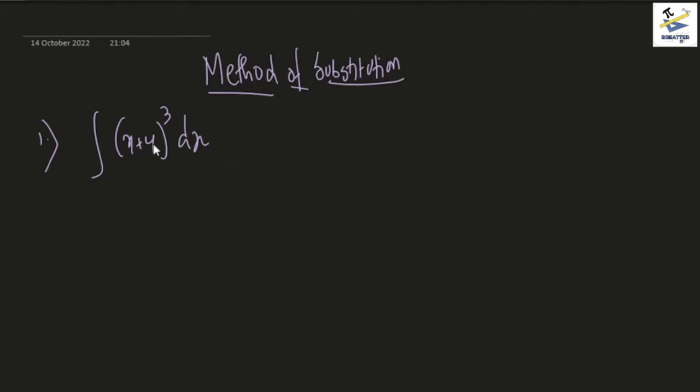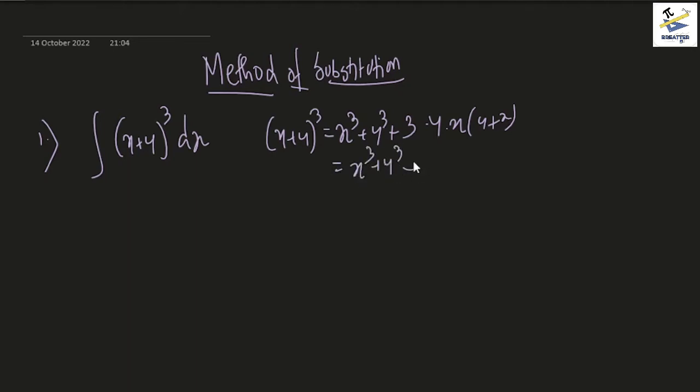The first way would obviously be to evaluate this (x plus 4) whole cube as a trinomial expansion. You can use the formula for (a plus b) whole cube, giving x cubed plus 4 cubed plus 3 into 4 into x into (4 plus x), and what you would get is x cube plus 4 cube plus 12x into (4 plus x), right?